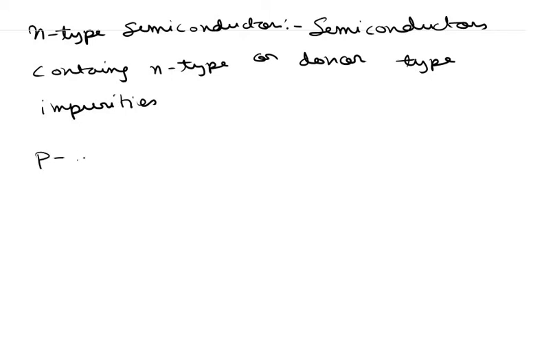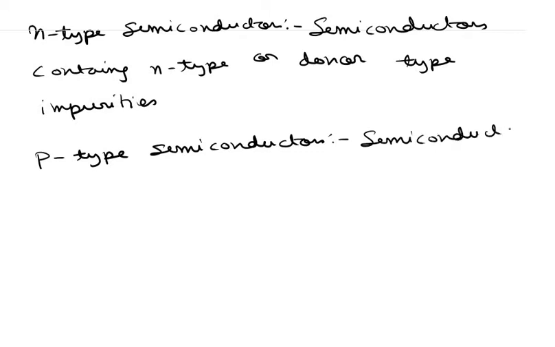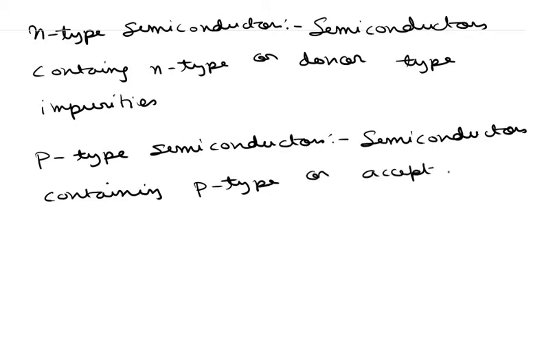Similarly, the semiconductors which contain acceptor type impurities are known as p-type semiconductors, that is, semiconductors containing p-type or acceptor type dopants.